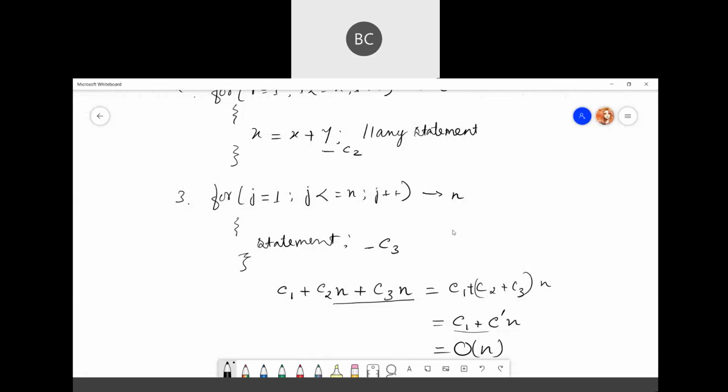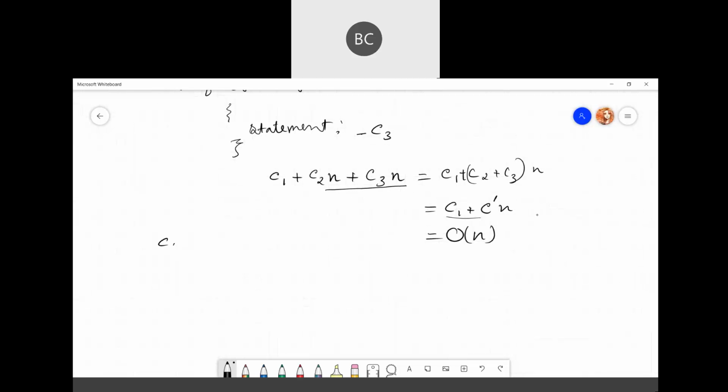Then here I have another for loop, which will take n time. Now for example, suppose this last one is not a single for loop, it is a nested for loop. What will be the time complexity? Just the last one I'm changing. It is C3n². Nested loop means the complexity will be n².